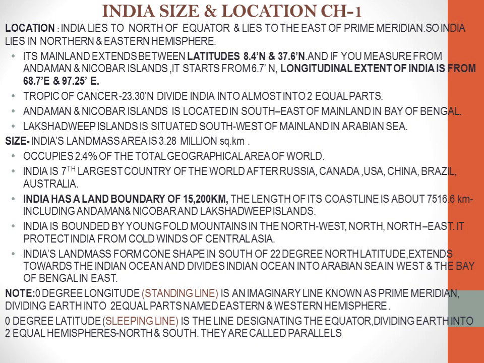In the same way 0 degree latitude is a sleeping line, also called the equator, and it divides the earth into two equal hemispheres, the northern hemisphere and the southern hemisphere. Latitudes are called parallels. I have shown you the figure of the earth just to remind you.